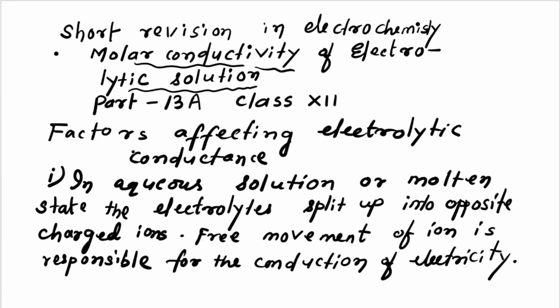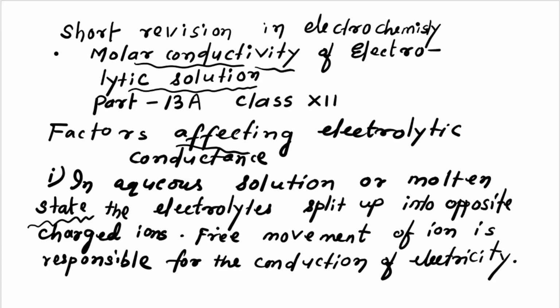So here, what are the factors affecting the electrolytic conductance? Actually, in aqueous solution or molten state, if a salt is in molten state, you know it conducts electricity. An aqueous solution of electrolyte also conducts electricity.